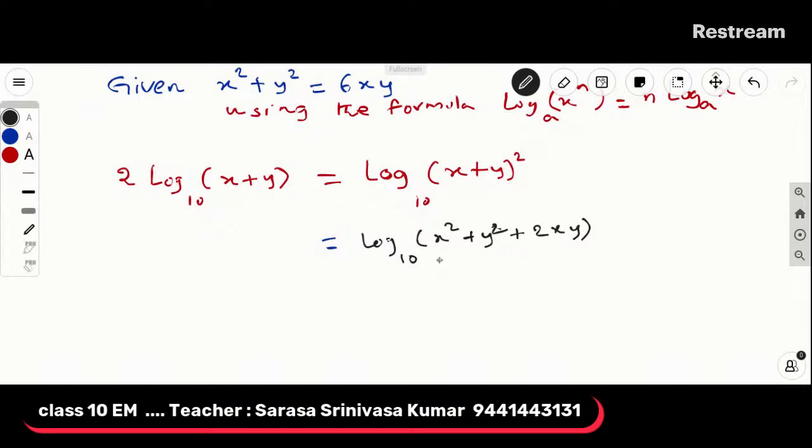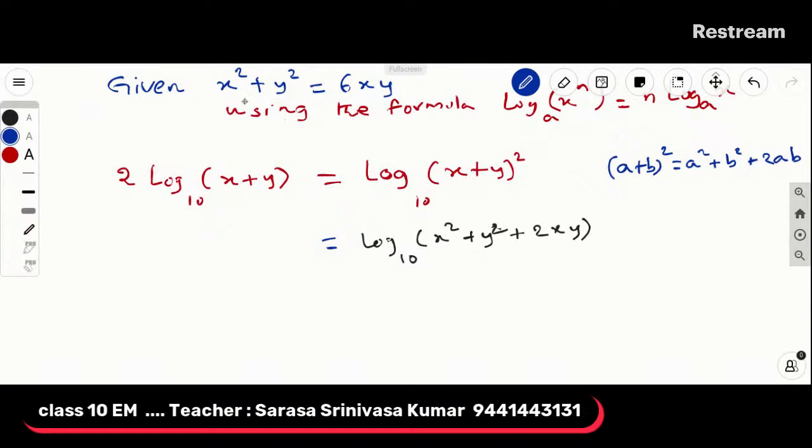This is using the formula (a plus b) whole square equal to a square plus b square plus 2ab. Using this formula, we can write this step.